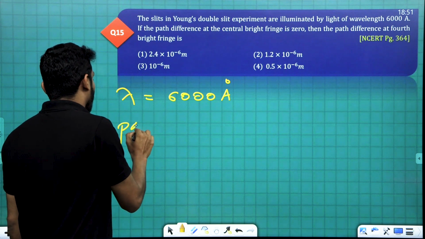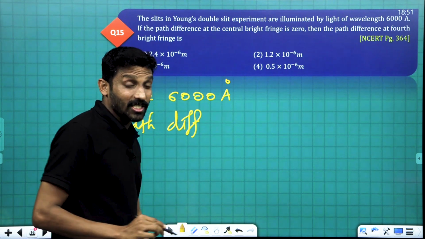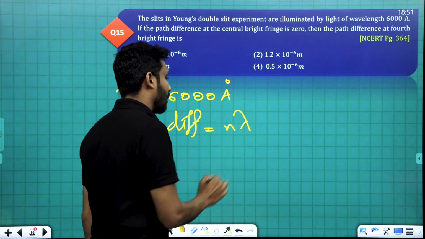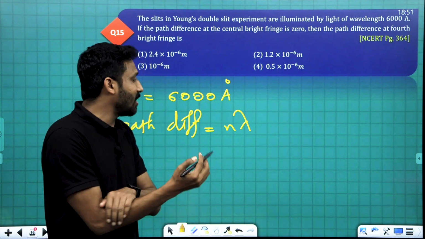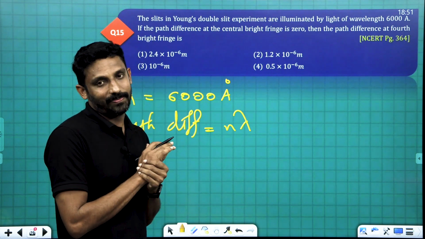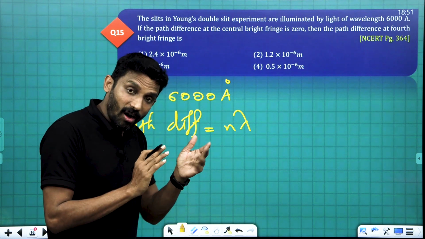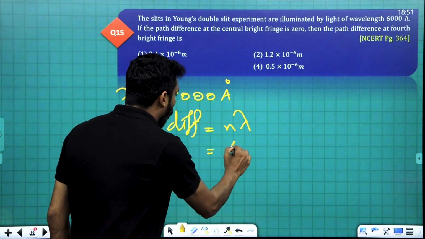See, we have the formula for path difference. That is a very direct question. The path difference to get a bright fringe is n lambda, and to get a dark fringe is n plus half lambda. You studied the condition.